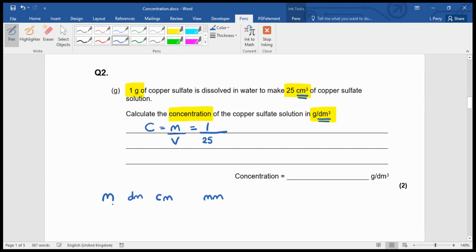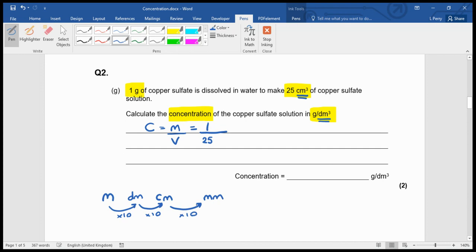So if I wanted to turn, say, meters into decimeters, I'd times by 10. If I wanted to turn decimeters into centimeters, I'd times by 10. If I wanted to turn centimeters into millimeters, I'd times by 10. If I wanted to go the other way, I would divide by 10.